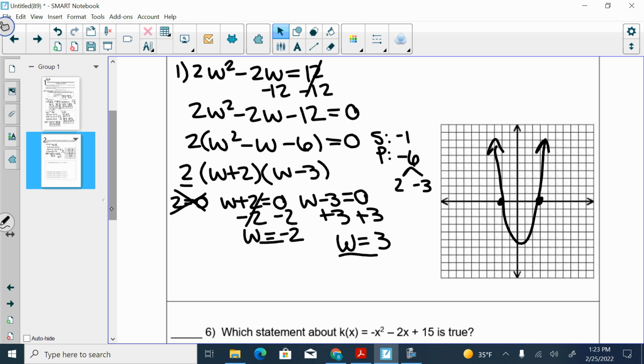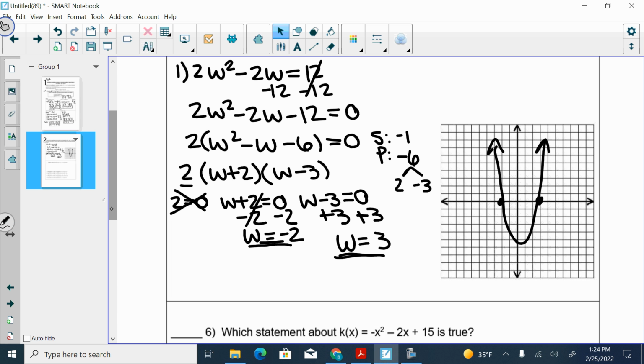Okay, and they said whatever W is, it's representing the width, right? Width is something that's usually measured in like inches or feet or centimeters, something like that, right? So they're saying that there's two answers here that we got for possible answers of W. Well, have you ever heard of somebody measuring some wall or some desk or anything and saying that it was negative 2 feet long?